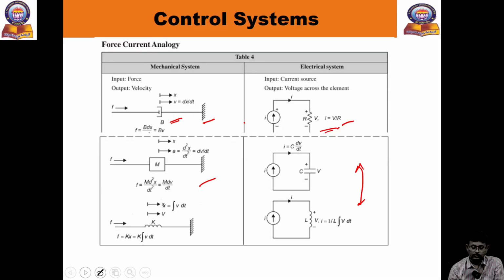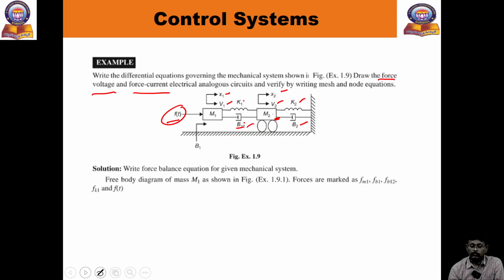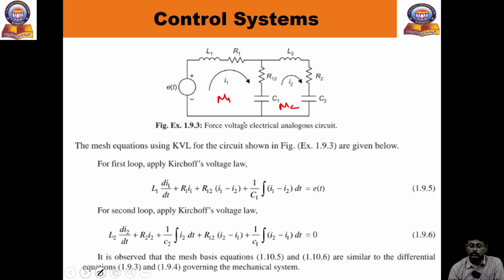So here you are taking M1 and M2 as two loops. For these M1 and M2, which elements are connected? In place of M1 you write L, and in place of X1, I1, in place of X2, I2.